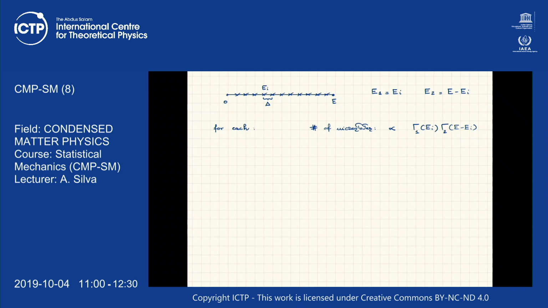And now, when I write down the Boltzmann entropy, what I want to write down is the total number of microstates that are consistent with the global conditions I'm giving. And the global condition I'm giving is total energy fixed. So what is the total number of microstates with energy E fixed?